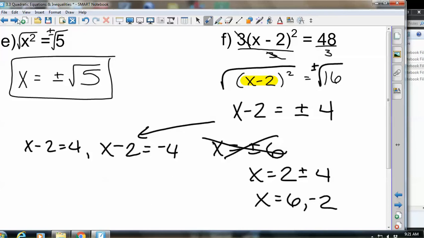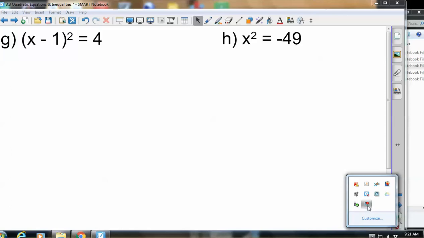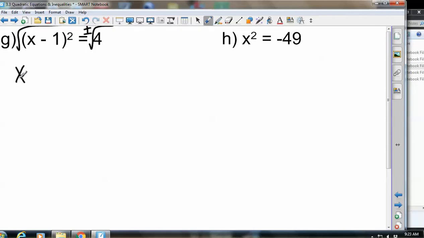Alright, I want you guys to try a couple. Here are your problems. You could write this twice, multiply it out, set it equal to 0, or you could add your square root and plus or minus. So x minus 1 equals plus or minus the square root of 4 is 2.